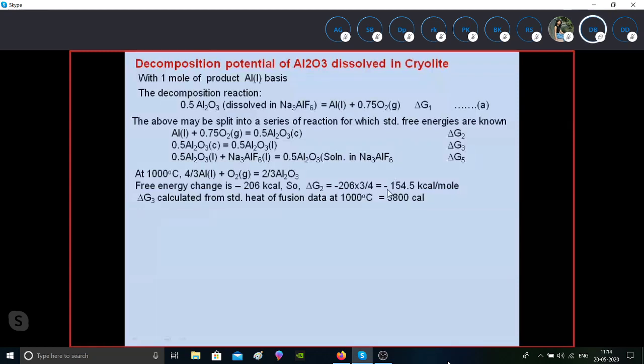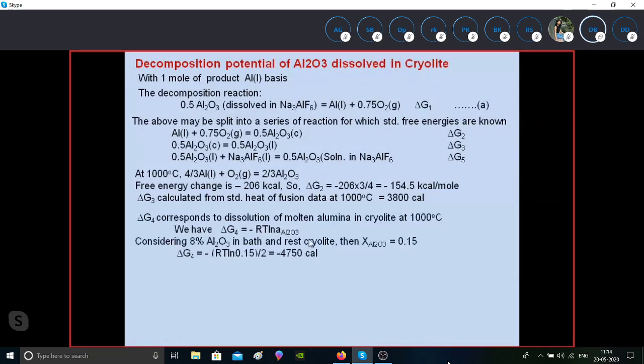In this case we had a negative, but in this case we had a positive. You can find it from any standard heat of fusion data.